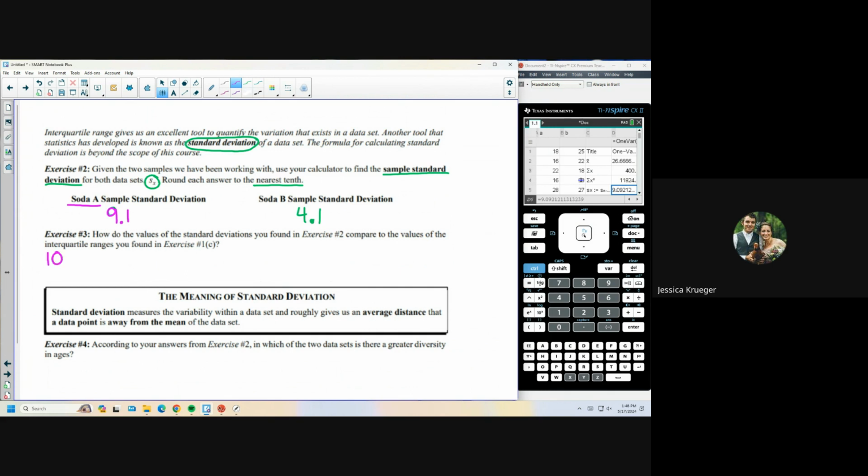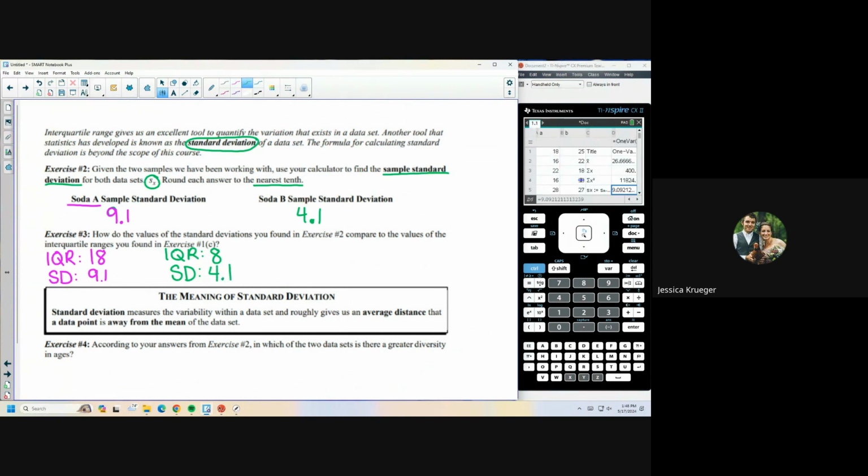The interquartile range for soda A was 18. The standard deviation, we'll call the SD, is 9.1. The interquartile range for soda B was 8. The standard deviation is 4. How do these compare?